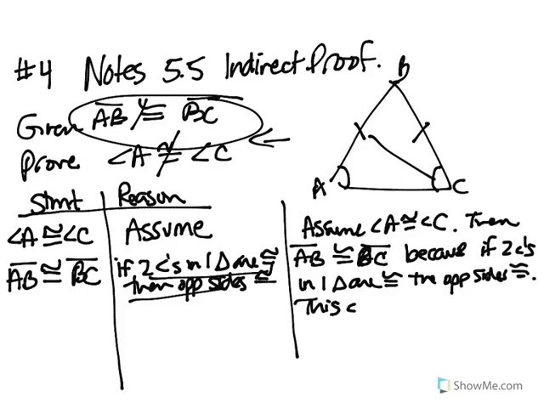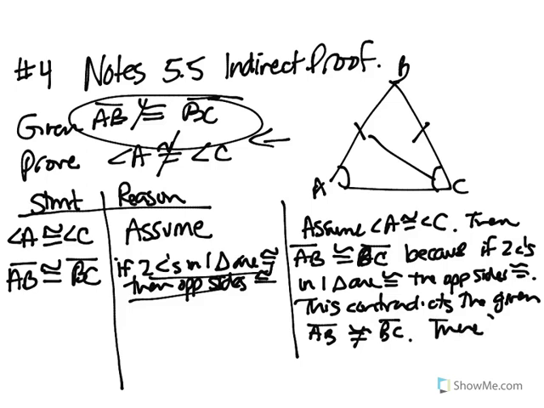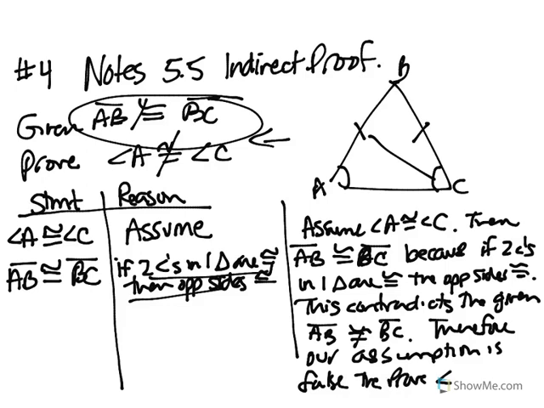This contradicts the given AB is not congruent with BC. Therefore, our assumption is false, and the proof, angle A is not congruent with angle C, is true.